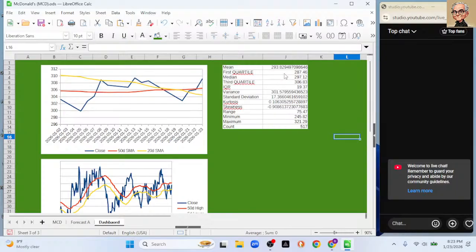The first quartile is 287. The third is 306. And the difference is 19.37. One thing to look at here is the 293 for the mean, and the median, very close, separated by only 4 points, okay?